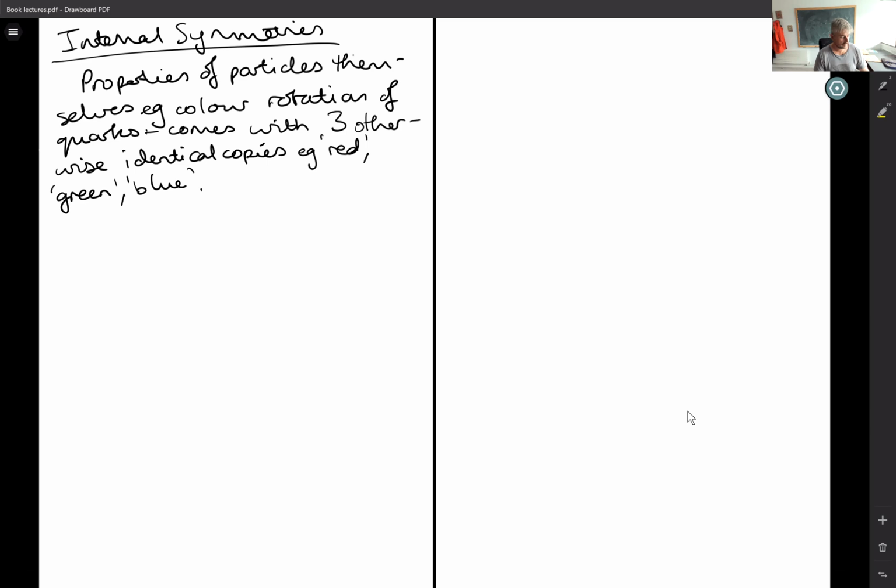So it turns out there is an exact symmetry in the standard model, which rotates the colors of quarks into other ones in a continuous manner, actually in a complex manner. So color rotation, rotation in this color space is a symmetry.